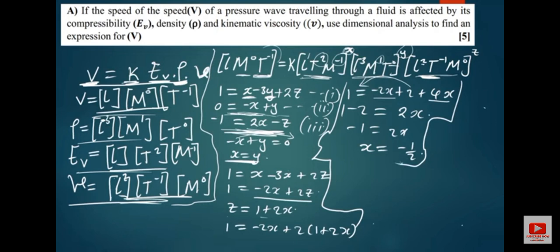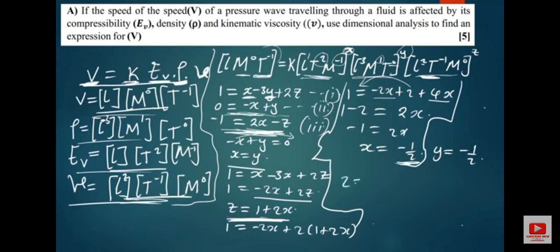So if the value of x is -1/2, it means that the value of y is also -1/2, because we know that x is equal to y according to these equations that we have found here. So since x is -1/2, it means that y is also -1/2. Then we find the value of z. So the value of z will be taken from here.